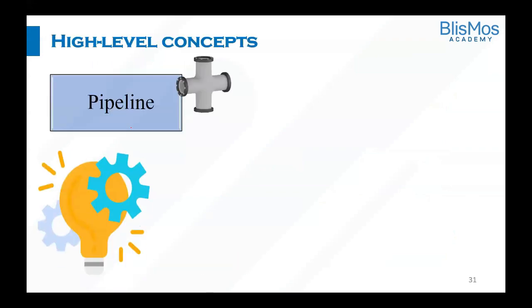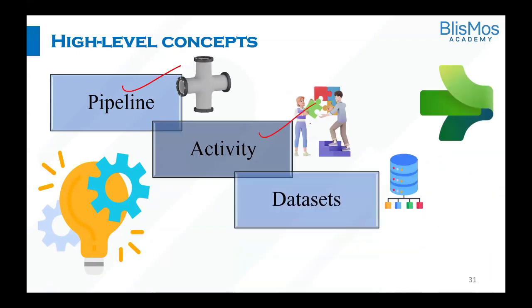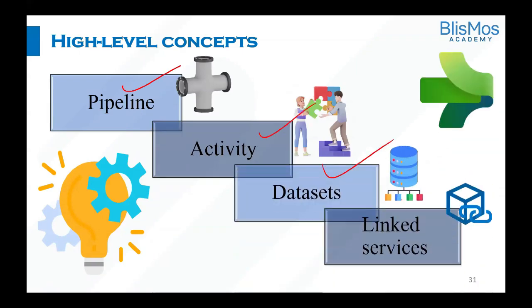Okay, and those components are pipelines. We have activity. We have data sets. We have linked services. These are the important components within data factory. Okay, let us understand them at a high level one by one.